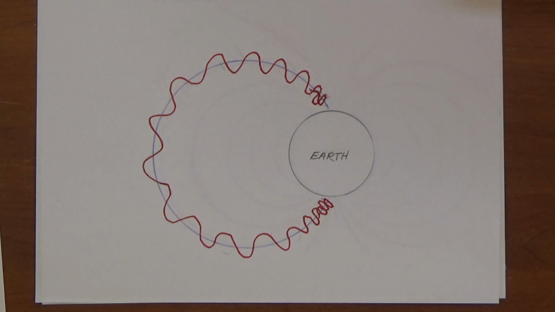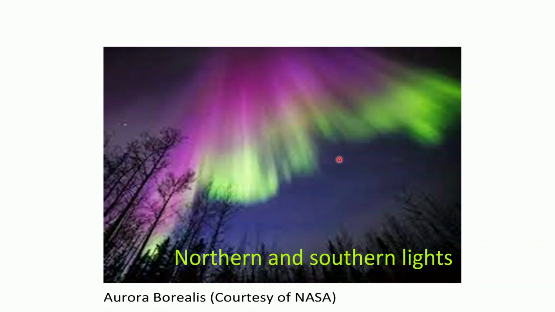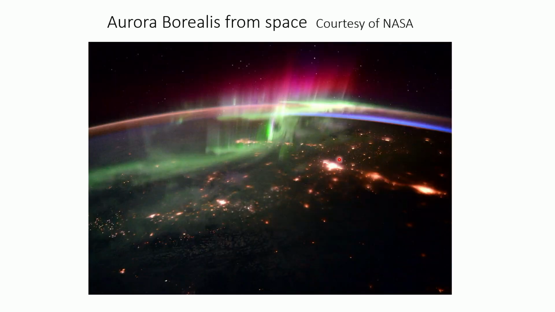The color depends on the element and the energy level of the particle. It results in familiar auroras. The aurora borealis in the north and the aurora australis in the south. And then here is a view of an aurora from space.